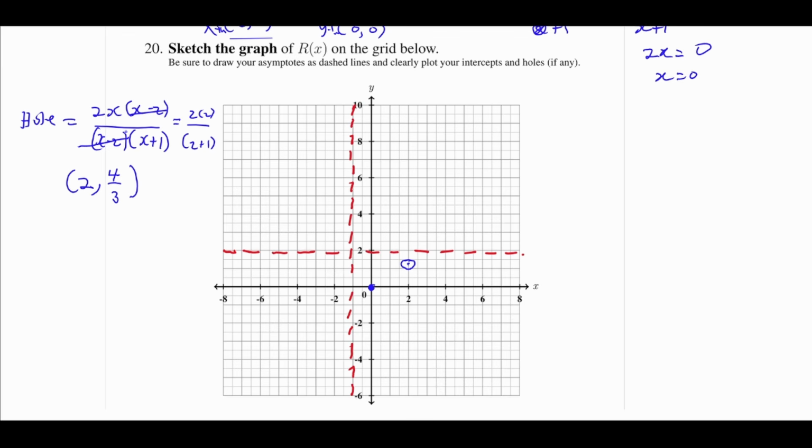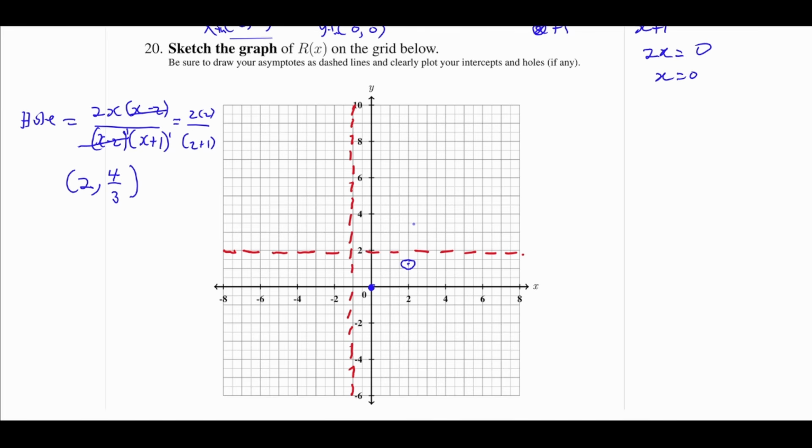What is the power of each one? It is 1 and 1. So they are all odd, and what it means is that the graph will lie in the opposite direction of the asymptote.